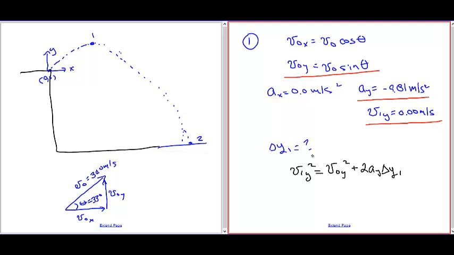But in our case, v sub 1y is 0. So this is all equal to 0. If I solve for delta y, this is going to go to the other side, so it'll become negative. So you get negative v0y squared, and then you have to divide by 2 a sub y. So that's the equation.